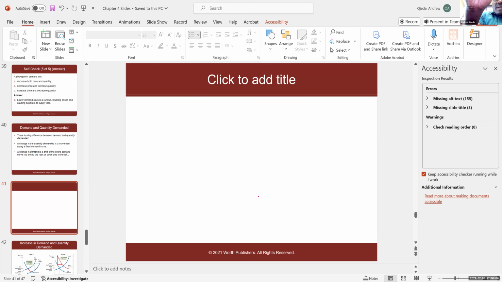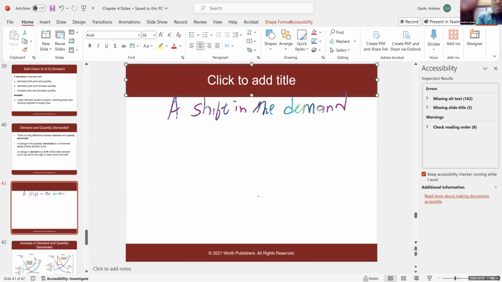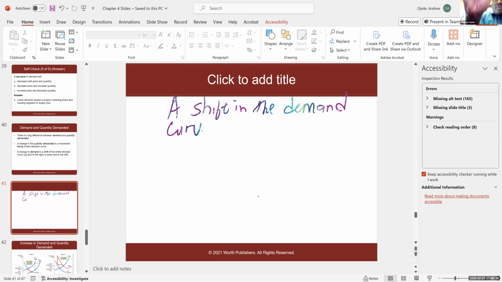So I say a shift in the demand curve, which we call what? A change in demand. Because a change in demand involves shifting the entire demand curve.